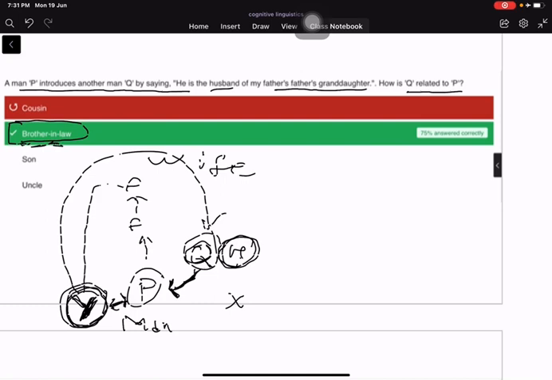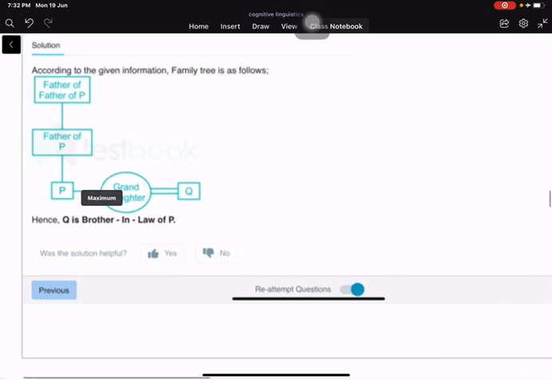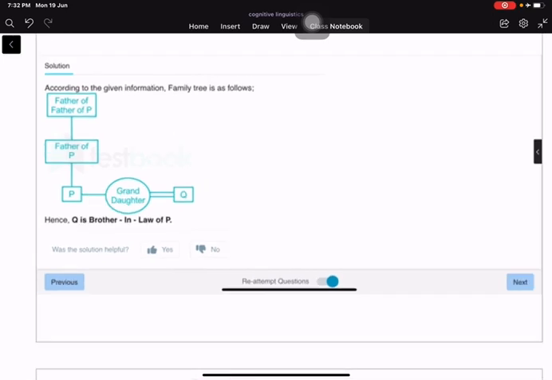For example, let's look at the explanation. Father of P, granddaughter, Q is the husband of the granddaughter.